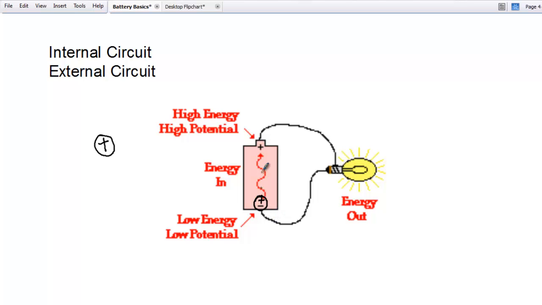And the only way that you get the positives piled up on this other end is you have to do work. So in the internal circuit, a positive charge gains potential energy.